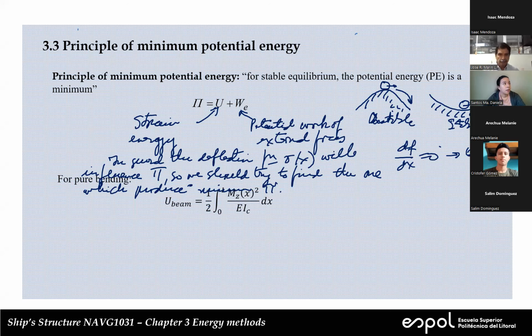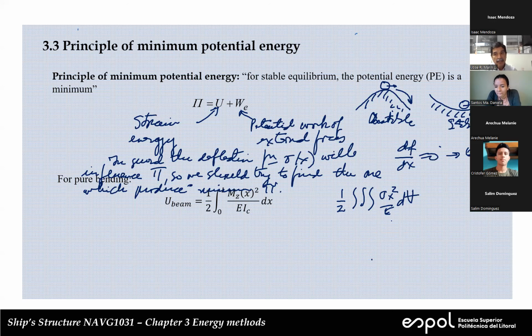In the case of this class, I'm sorry about this, I wrote on the title, we're going to use it to analyze beams, right? So in the case of beams, we have pure bending, and in case of pure bending, this is an expression to calculate the strain energy, okay? You remember that this is basically 1/2 the integral over the whole volume of sigma x squared over E dV, right?